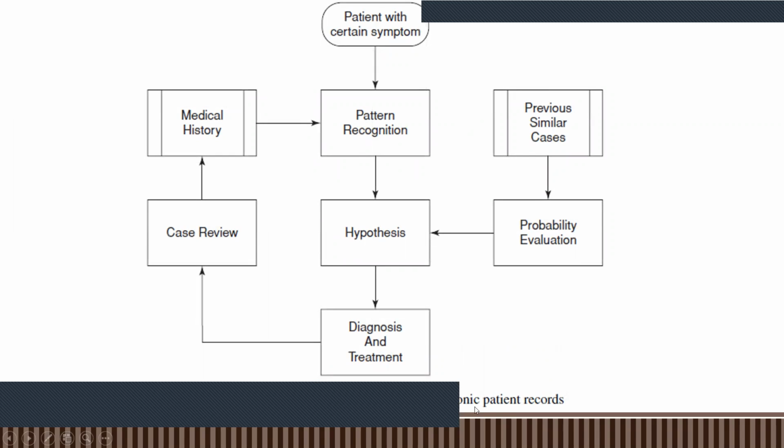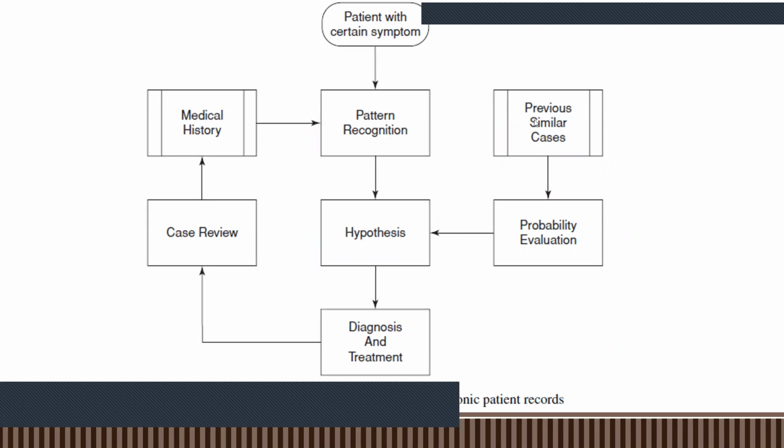And the knowledge management of electronic patient records. If a patient arrives with a symptom, it has to go through pattern recognition, and then initially a research hypothesis is formed that this patient has this problem or that problem, and does not have this problem.